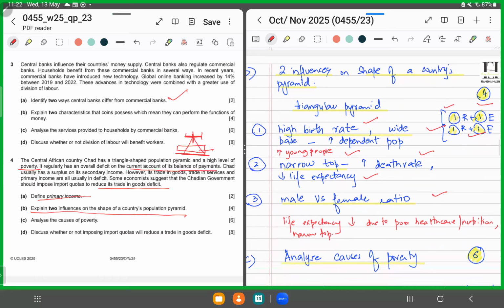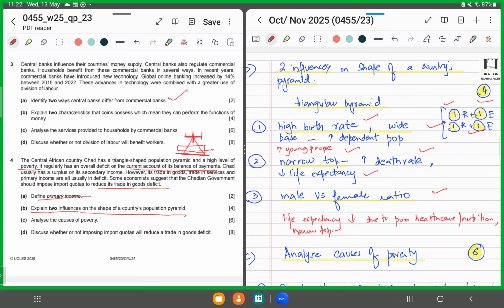Or you could also say that it has a low life expectancy due to poor health or nutrition, so it has a narrow top. Or you could even say that it's broader in the middle because maybe there's an immigration of people, an influx of people. So fewer people are leaving the country and maybe more people are coming in. Right? So if you've identified the influences and expanded on that, you get the full 4 marks.